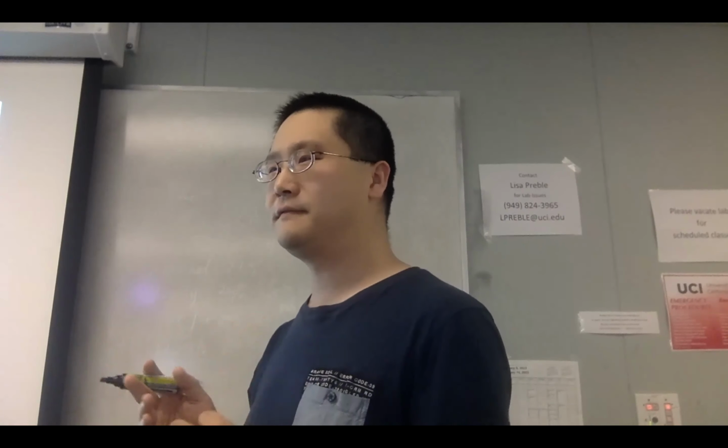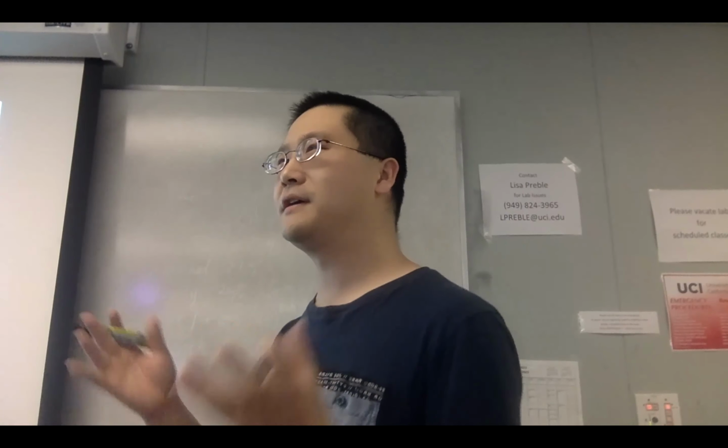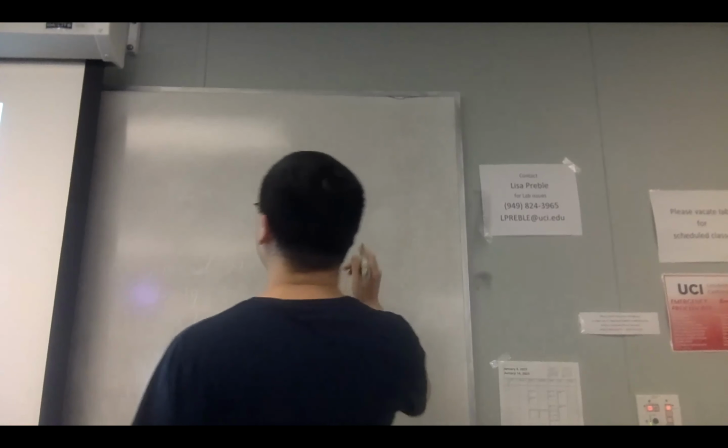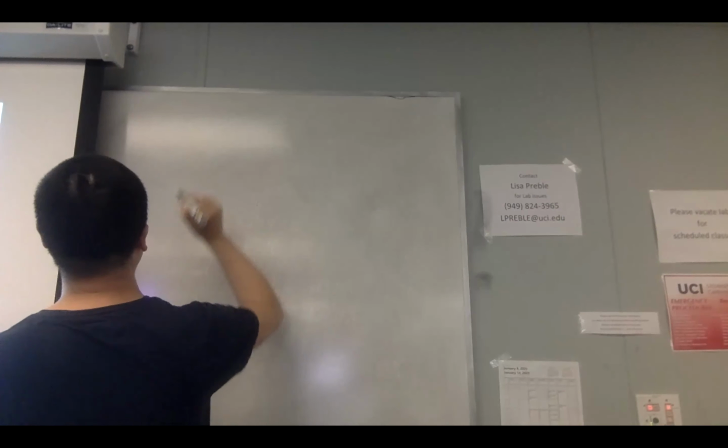So let me illustrate here. I will also show you a simulation example so you can have a sense of the degree of approximation and see how far it deviates.